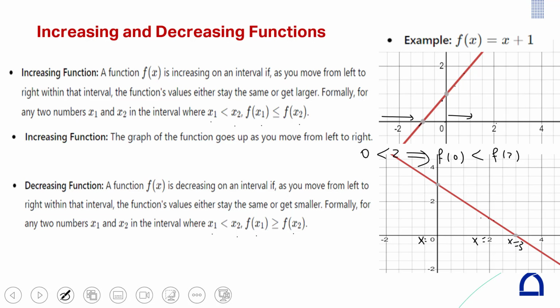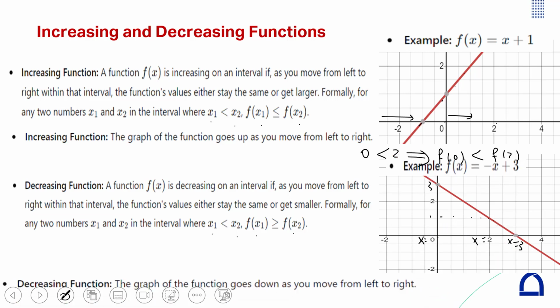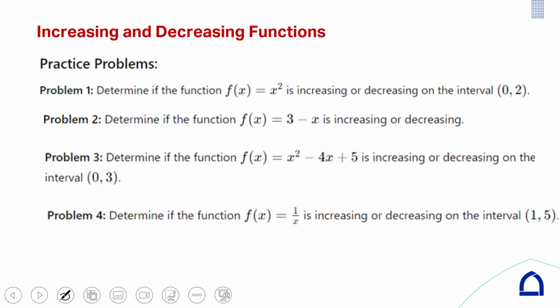So here you have 1, here you have 3. So 0 is less than 2 and f of 0 is greater than f of 2. So your function is decreasing. So you can substitute algebraically to check whether it is increasing or decreasing. Now you have more practice to do.